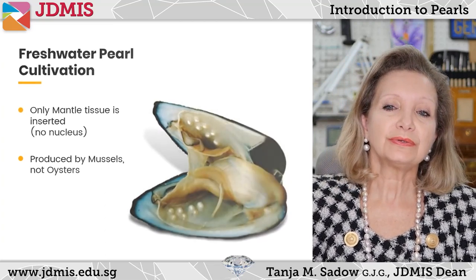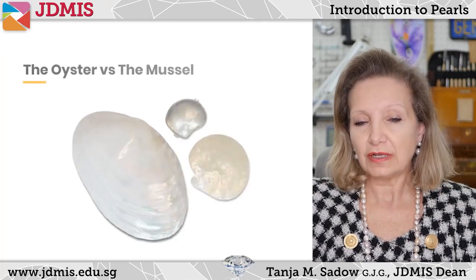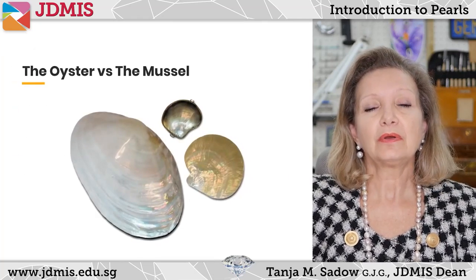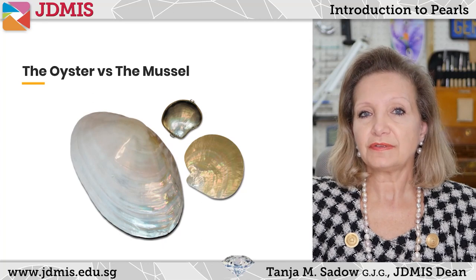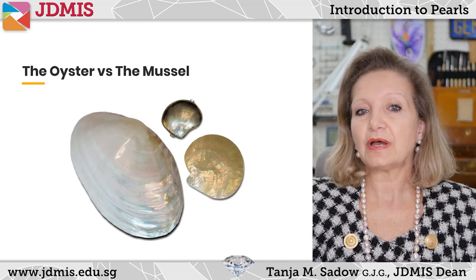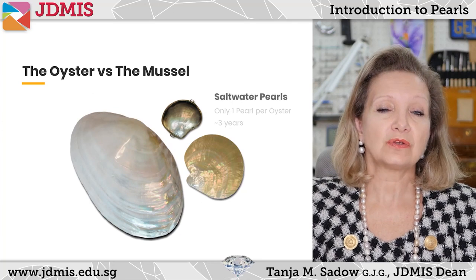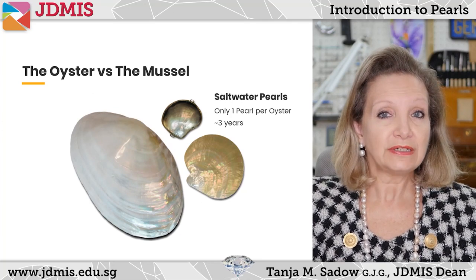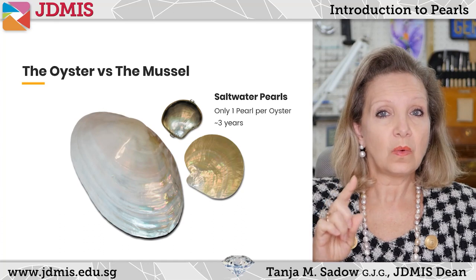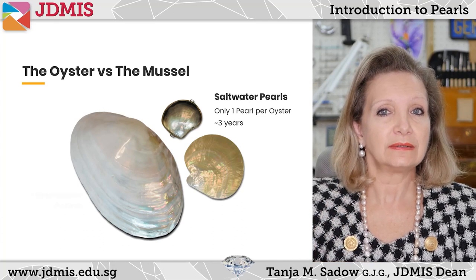Great. Now, during the process of culturing pearls, people don't realize that it's quite a difficult thing to do and that it takes some time. In fact, there's a very long cultivation period, especially for the saltwater, which is the 3-year period, where you're only getting 1 pearl per oyster.